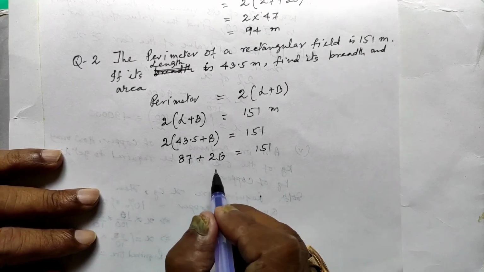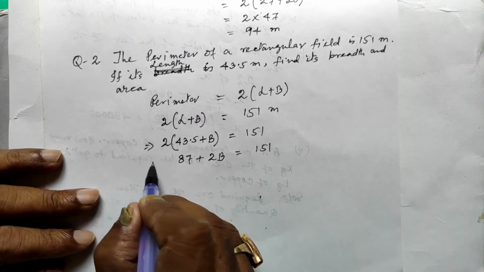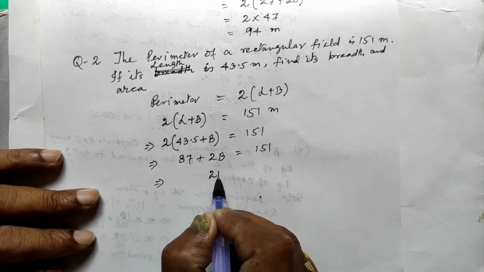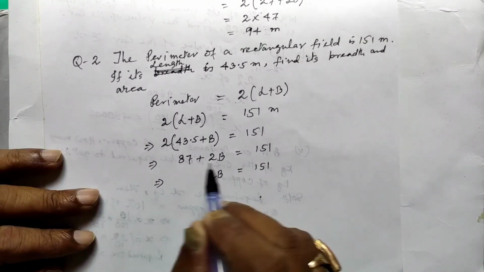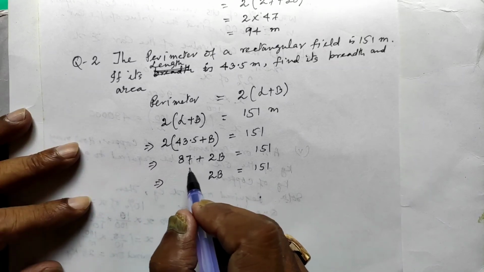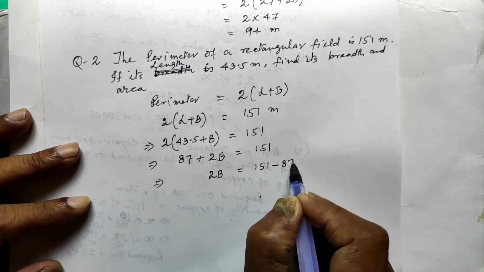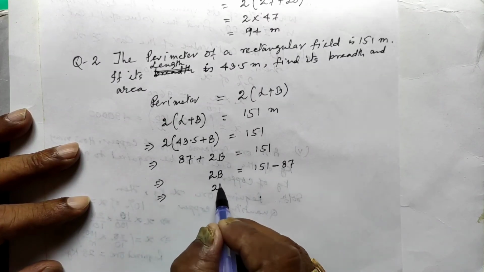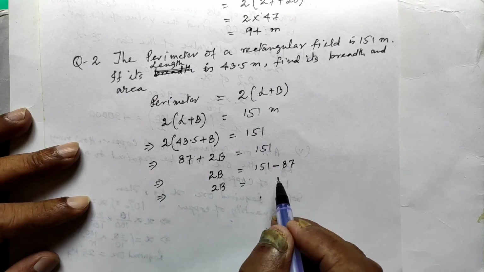Here we are just doing a simple equation, in fact. We are using the algebraic method. The 87 on the left hand side will go to the right hand side with a minus sign. So 2B equals 151 minus 87.